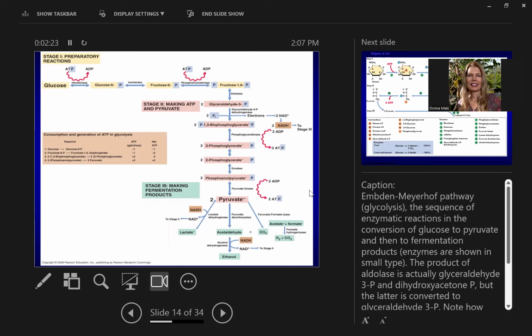In pink. So there's a couple of things here to think about. What's happening of consequence during stage 2 for the microbe? Generating ATP and NADH. Yes, on both. So generating ATP, if you're a microbe, you care about that for sure.